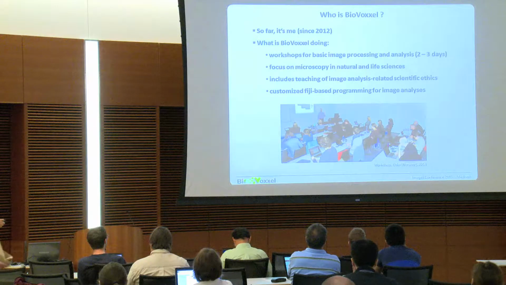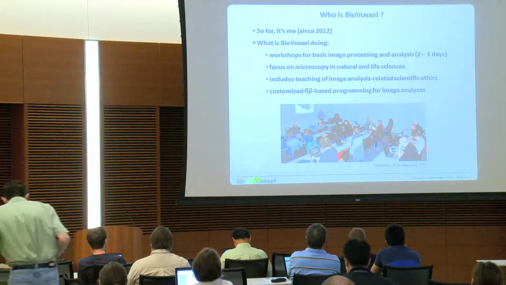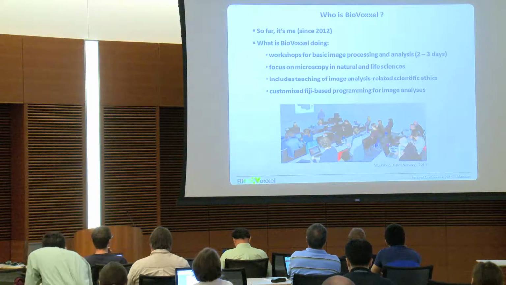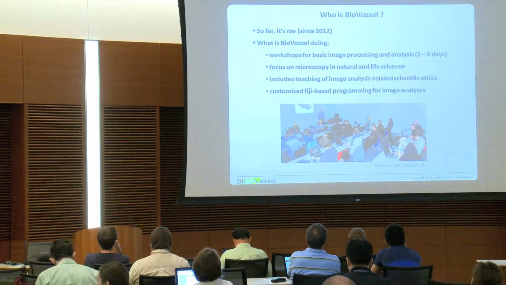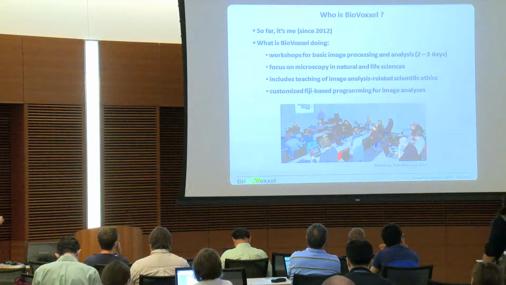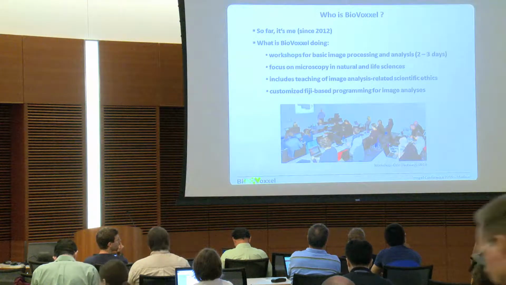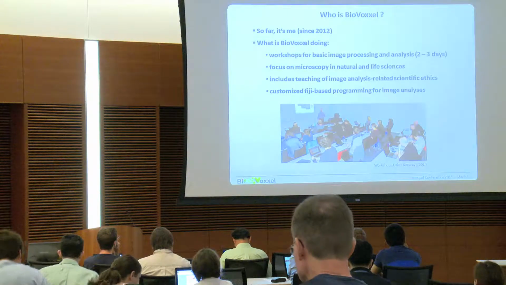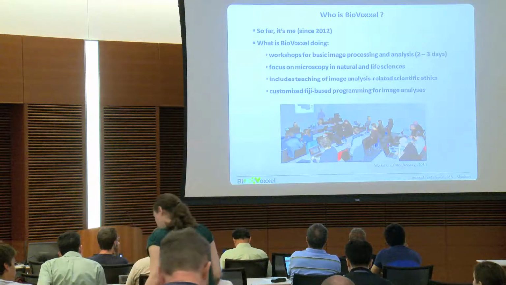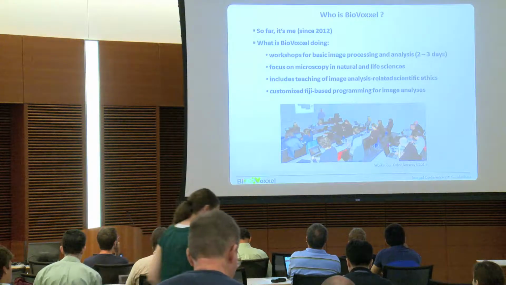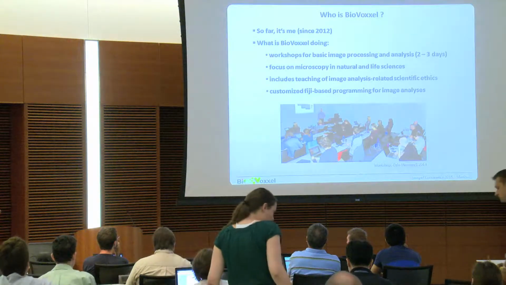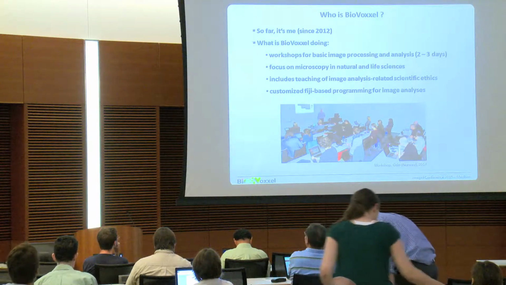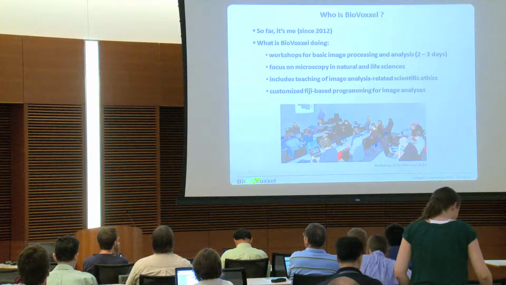Those courses also deal mostly with microscopic images, so they are designed for natural and life sciences. They also have a part which I think is important to mention, because they talk about image-related ethics. When you publish your images in journals, there are some criteria.